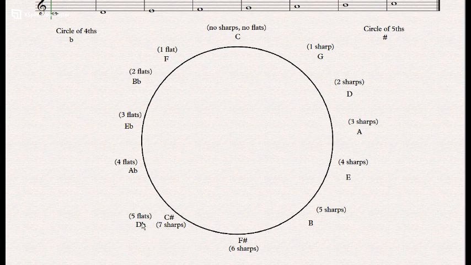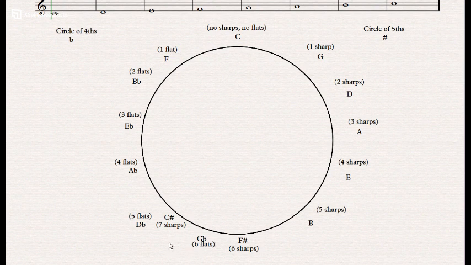So if I went to D flat and I go by fourths, well, now that we're enharmonic, I can just look at the note. C sharp is the same as D flat. What's F sharp the same as? F sharp would be the same as G flat. And it would have 6 flats.